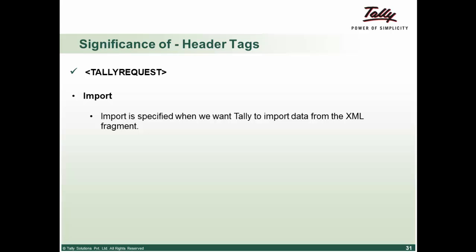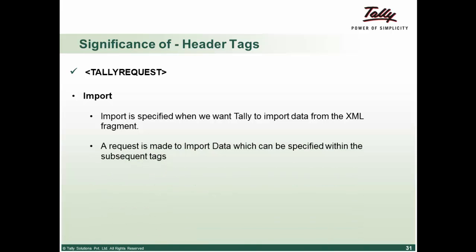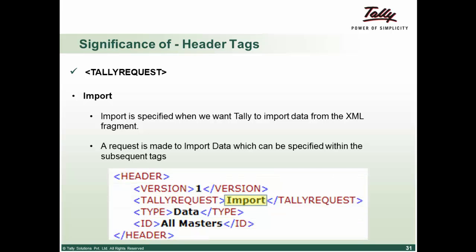So if tally has to import data, you need to write tally request import. A request is made to import the data, which can be specified within the subsequent tags. So what exactly you would want to import can be checked with the other subsequent tags that are there in the header tag. So this is how this request will look like.